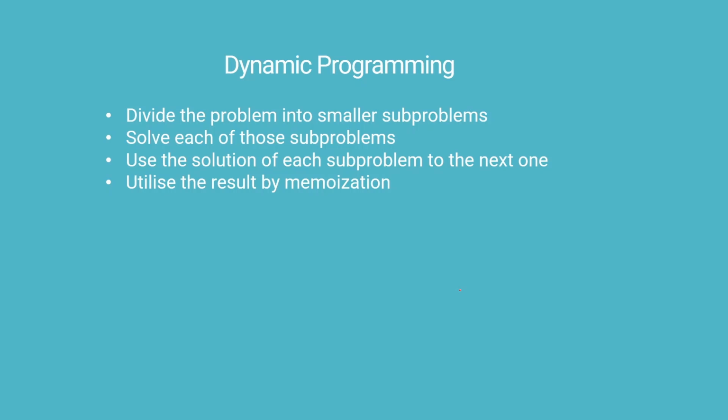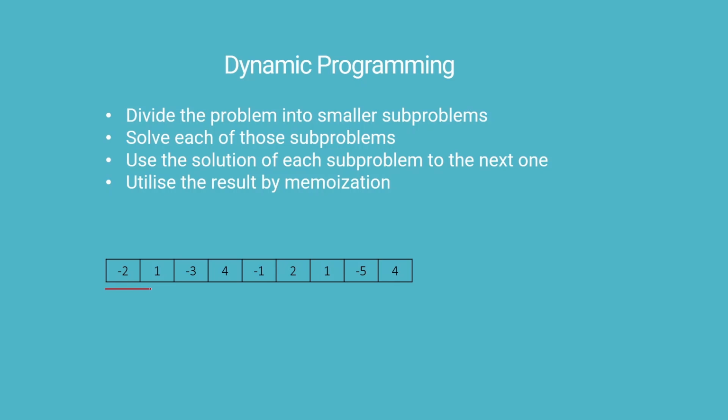Thus, we'll utilize this result by using memoization or caching. That means every time we get the new result with the help of the previous one. So if you look at this array, at first we'll try to find the sum at this very point. That means in this first integer, try to solve the problem here, try to find the maximum sum here.